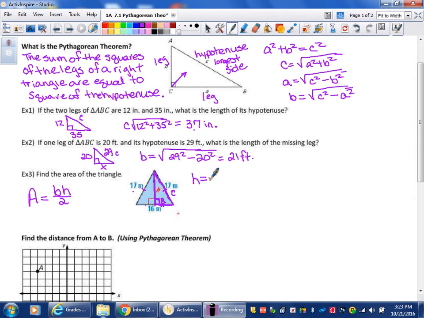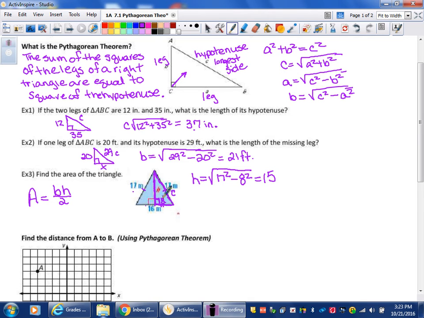So I'm given C, so I have to do the square root of C squared, 17 squared, minus the other leg, 8 squared. And that would give me a height of 15.